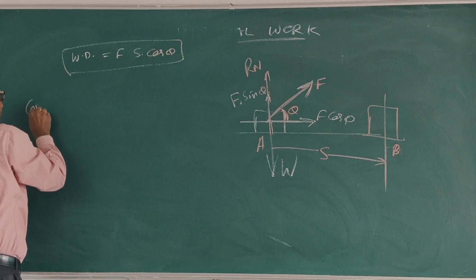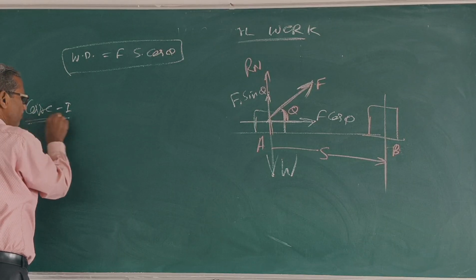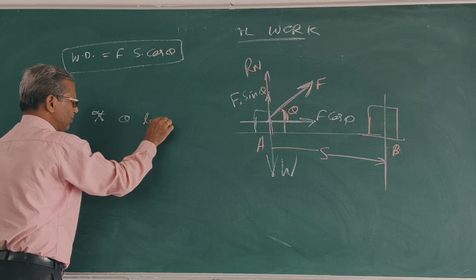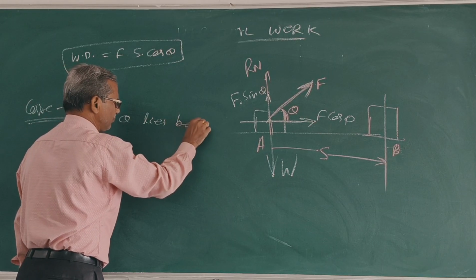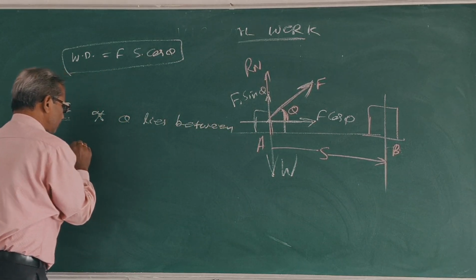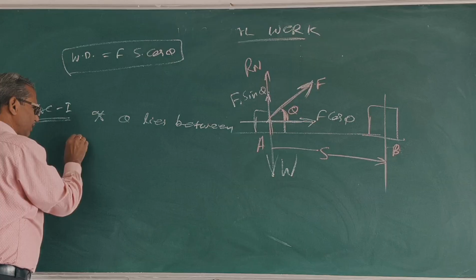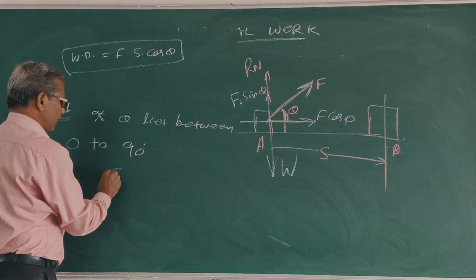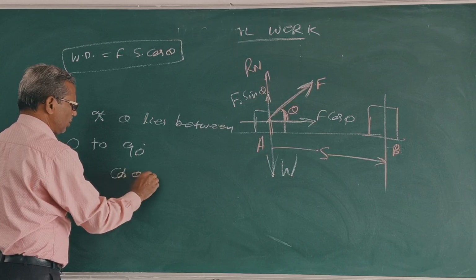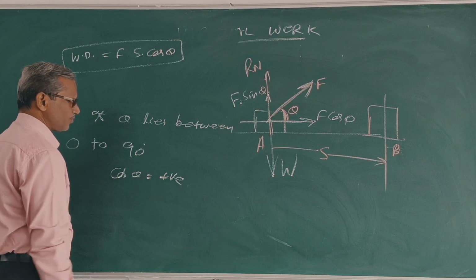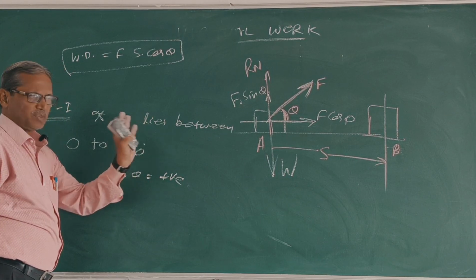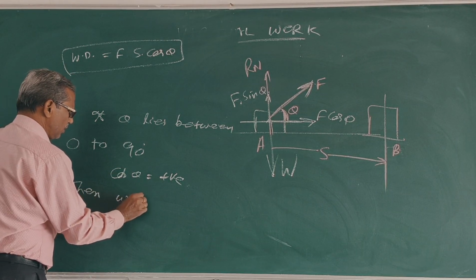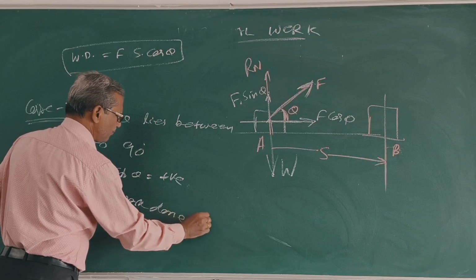Case 1: if theta lies between 0 to 90 degree, what is cos theta? Positive. Clear? Then work done is positive.